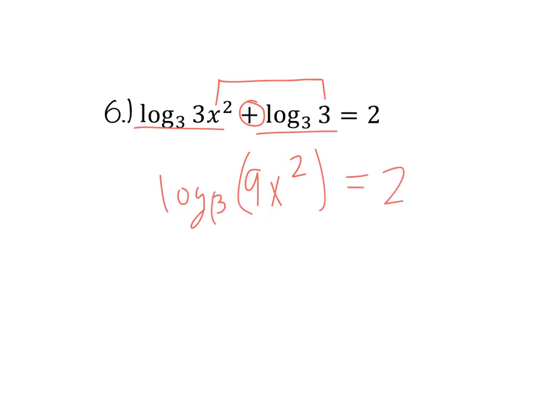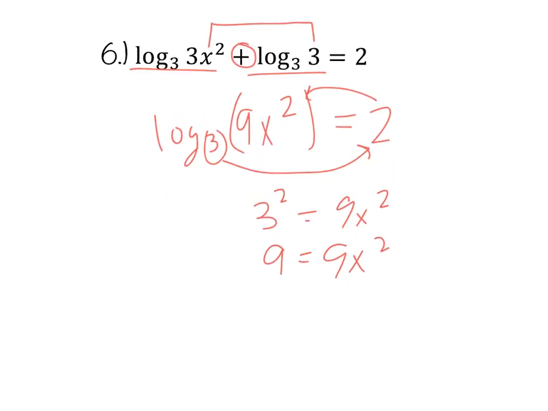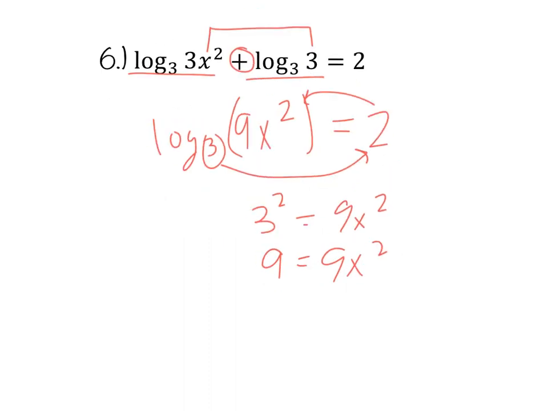And then I start with my base, 3 squared equals 9x squared. 9 equals 9x squared. Divide by 9, x squared equals 1. And when you take the square root of both sides, you get x equals plus or minus 1.